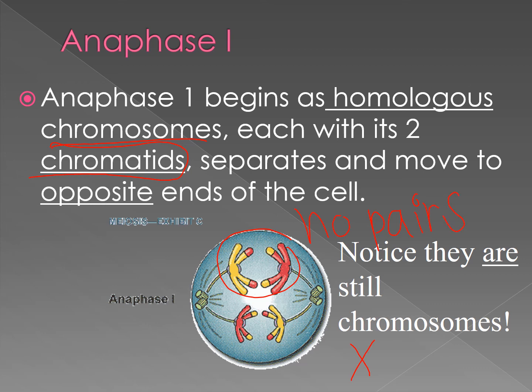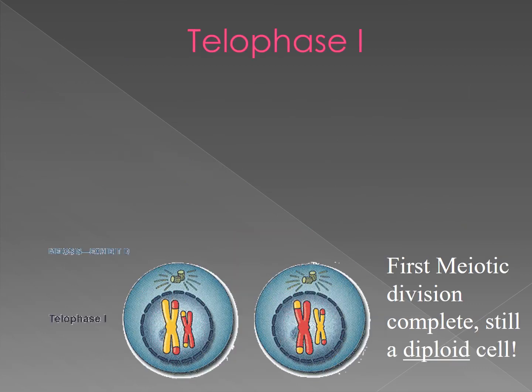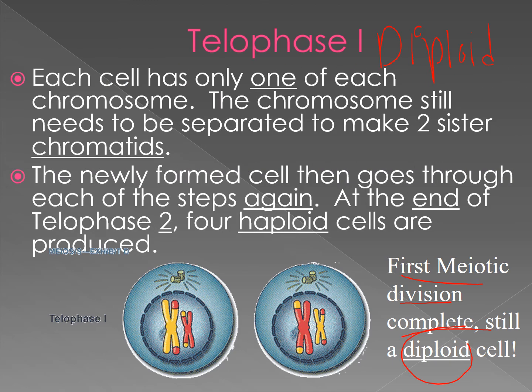Telophase. See, the first meiotic division is complete and it's still a diploid cell. Telophase is still diploid. We have not yet finished this out. We have two phases. Each cell has now moved as one chromosome to each side, so there's no more pairs.